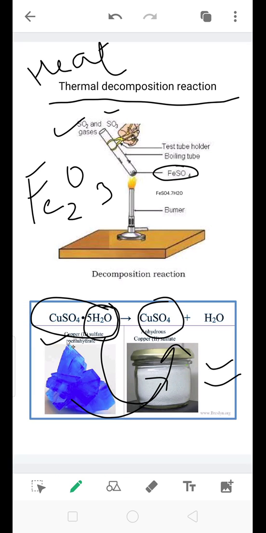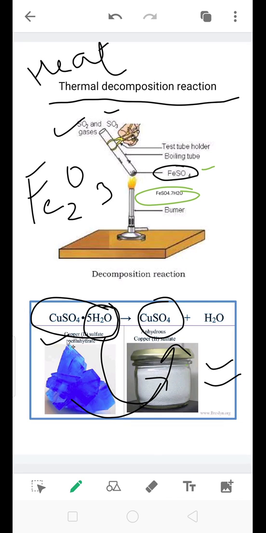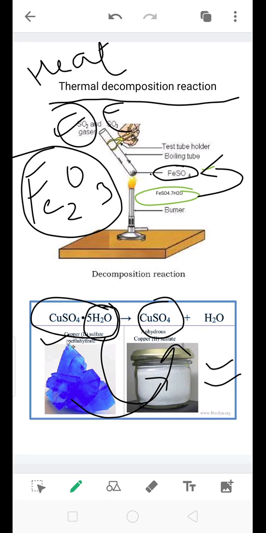Maybe simple ferrous sulfate anhydrous, or one is heptahydrated, 7H2O. 7H2O is green in color. FeSO4 7H2O means ferrous sulfate heptahydrated crystals are green in color, which on heating gives FeSO4, which is white in color, and FeSO4 is converted into Fe2O3, sulfur dioxide and sulfur trioxide.